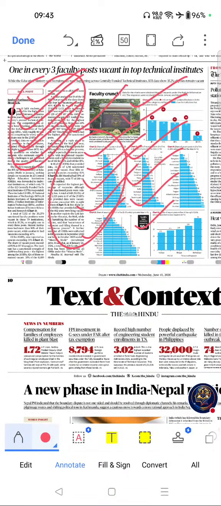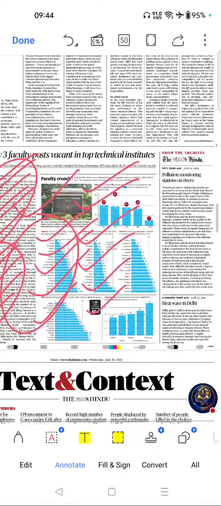Possible question areas are IITs, NITs, IISERs, IIITs, and centrally funded technical institutions, that is CFTIs. Move on to next important article from this page.